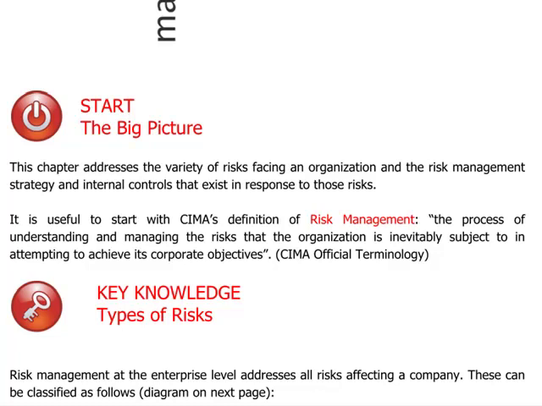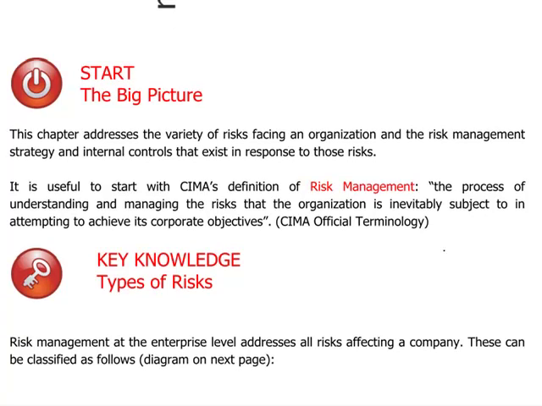It is actually useful to look at CIMA's definition of risk management, particularly since it's capturing the idea that risks are not simply something that have to be eliminated or avoided, but are a necessary part of life in order to achieve profit.